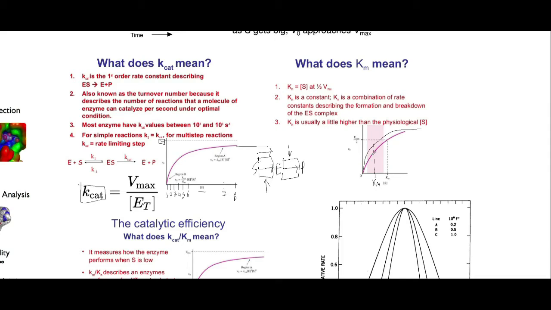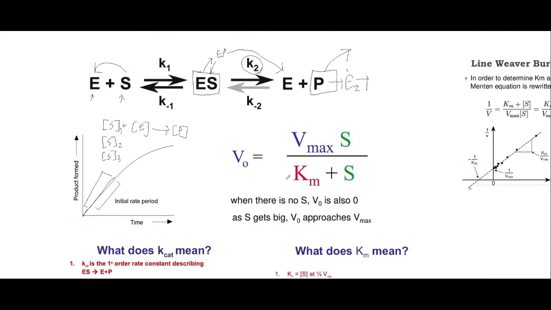That's why you can reach your V max sooner. And so those are the components of the Michaelis-Menten equation.